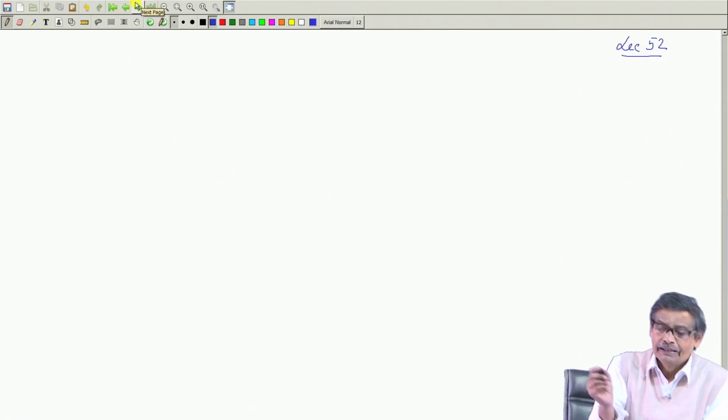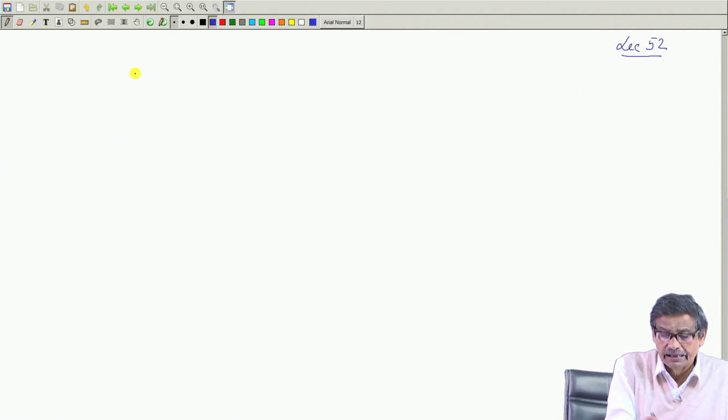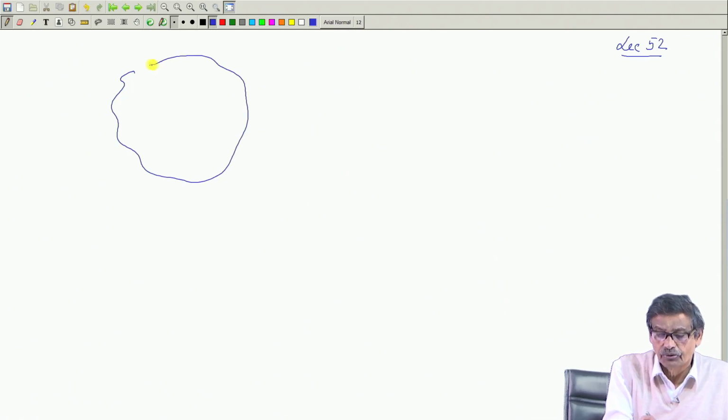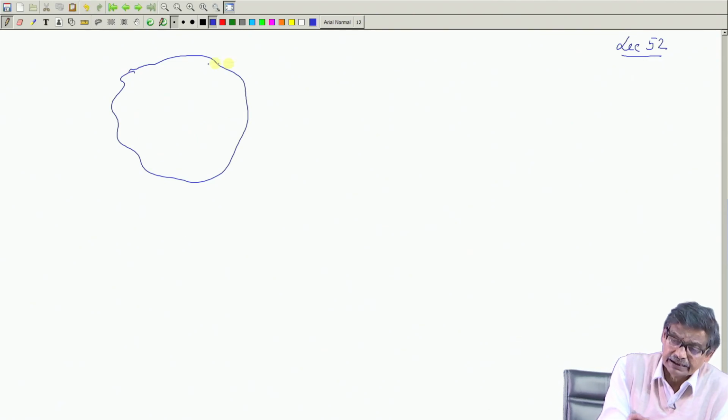Achha, now, let us take a problem. Suppose you have a network which I will now show like this. Inside this there is a linear network, always linear networks we will be considering.